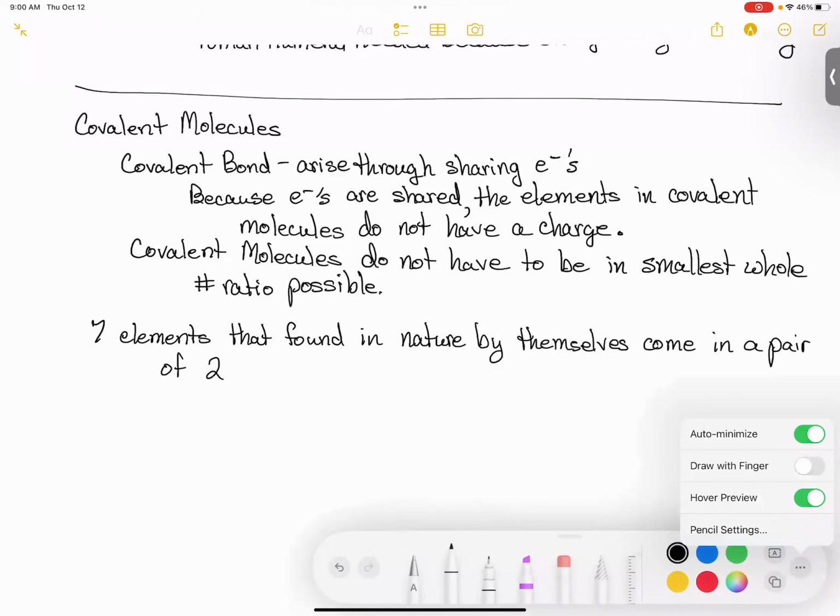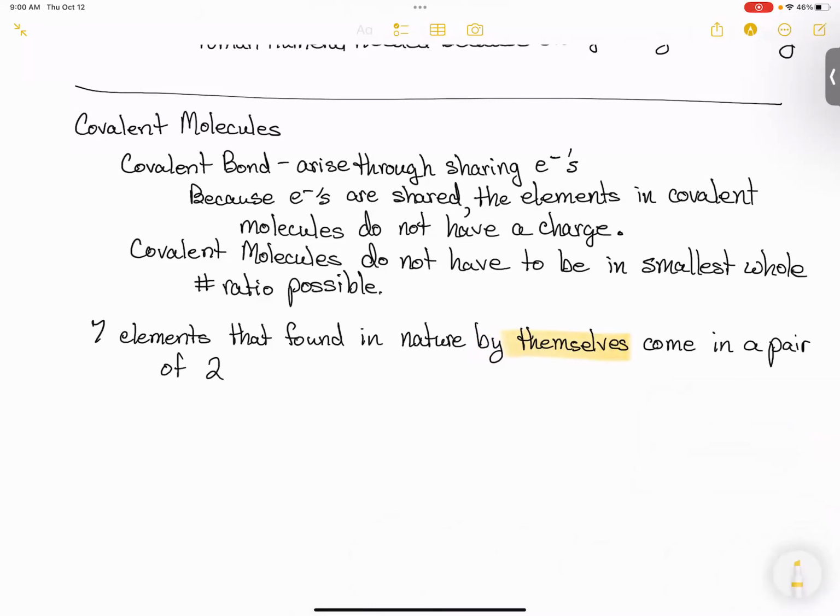I want to emphasize this statement of it's by themselves, because we're going to see that when it forms compounds with a second element, they don't necessarily come in pairs. It's only when they're all by their little lonesome in nature that they come in pairs.